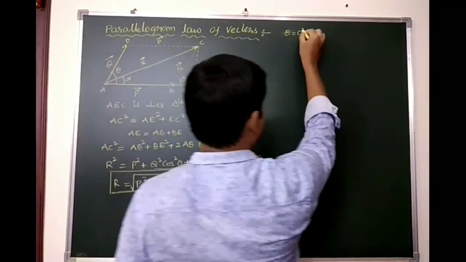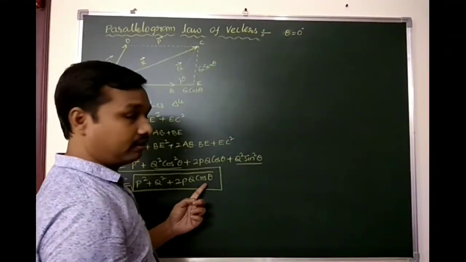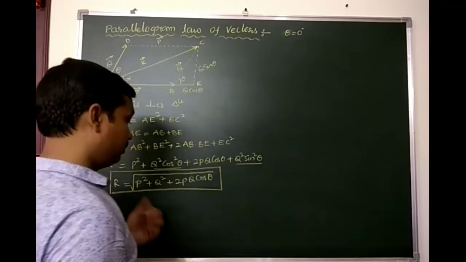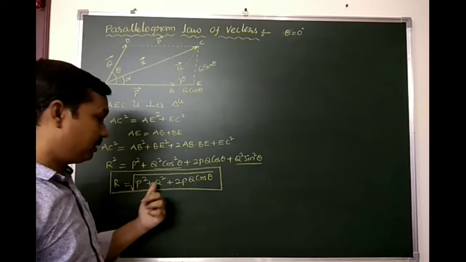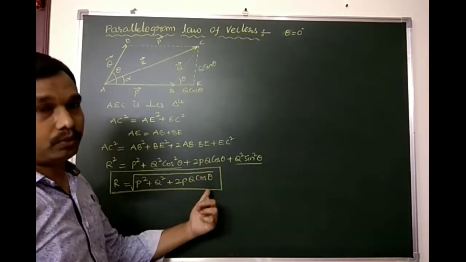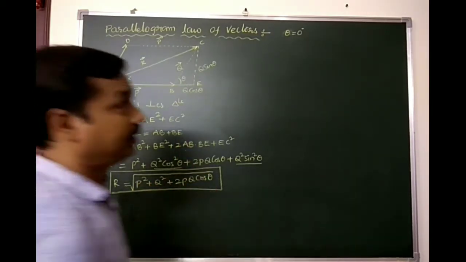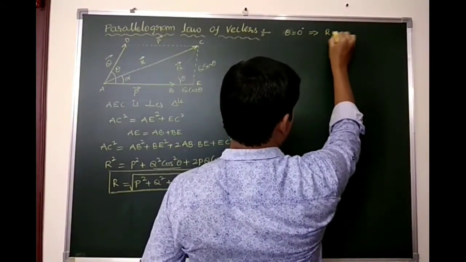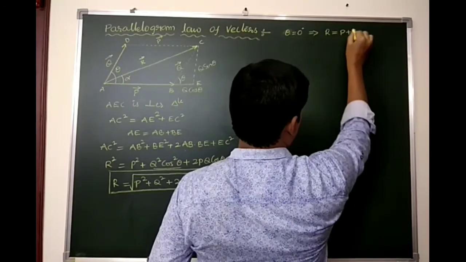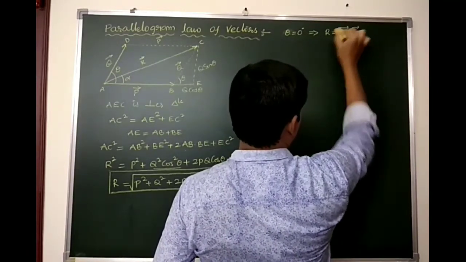For theta equals 0, cos 0 value is 1. So the resultant R equals root of P square plus Q square plus 2PQ, since the cos theta value is 1. So we get R equals P plus Q.